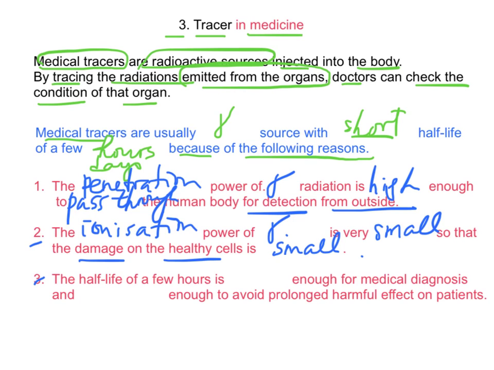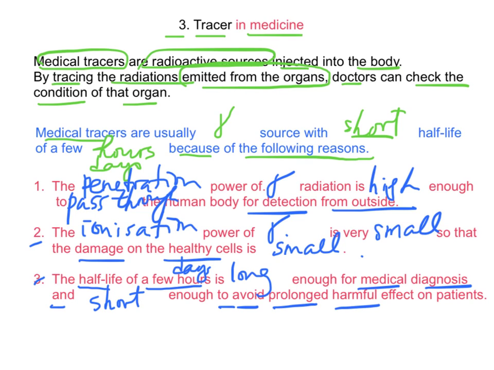Also, the half-life of a few hours or a few days is long enough for medical diagnosis. Also, it is short enough to avoid prolonged harmful effects on the patients after a few days.